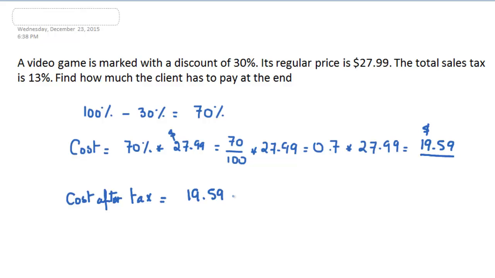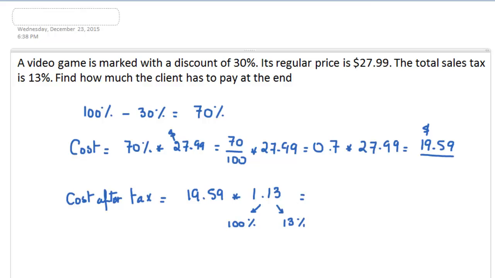Instead of calculating the 13% of 19.59 and after that adding it to 19.59, we can do the two steps in one step, which means 1.13, which includes the 100% and the 13% together in one step.